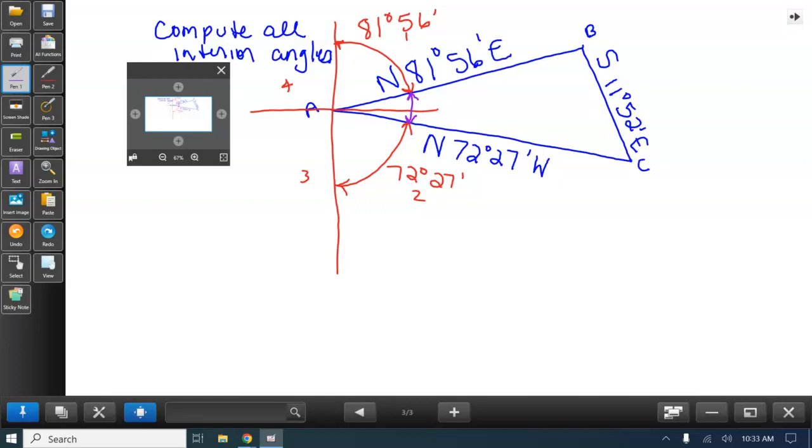So you would add these two, and to figure out what's left, it's 180 minus those. I got 25 degrees, 37 minutes.